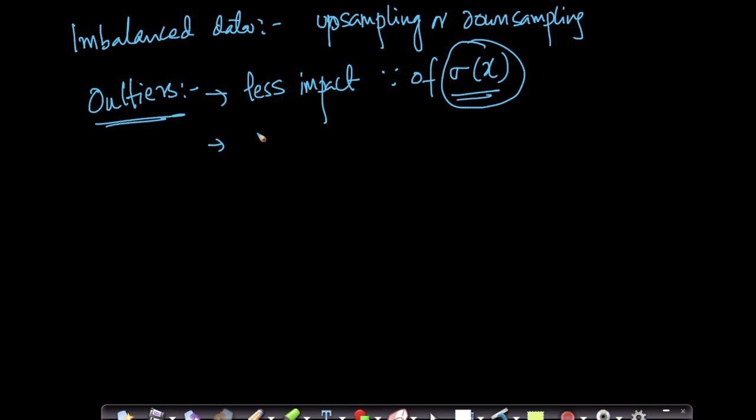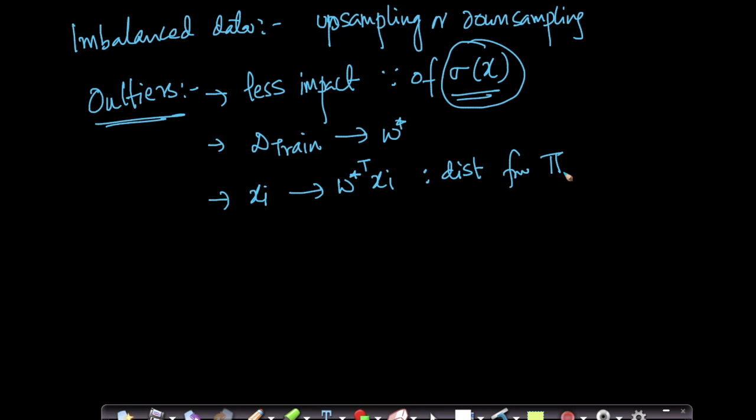So one thing that people do is, people take the whole training data, and they compute a W star by solving the optimization problem. Once they get a W star, for every point xi, they can compute W star transpose xi, which will give us the distance from my plane pi to the point xi.